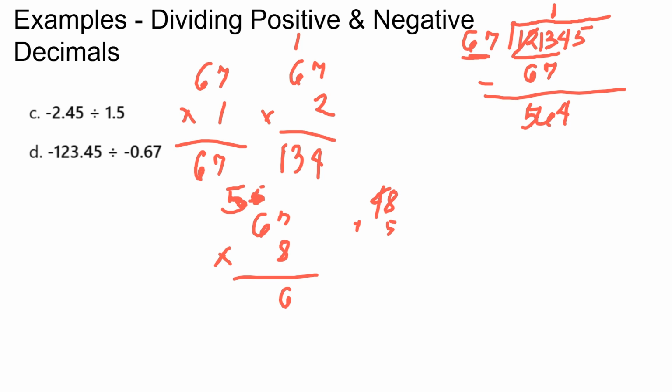That would be 53. So when I multiplied 67 times 8, I now have 536.